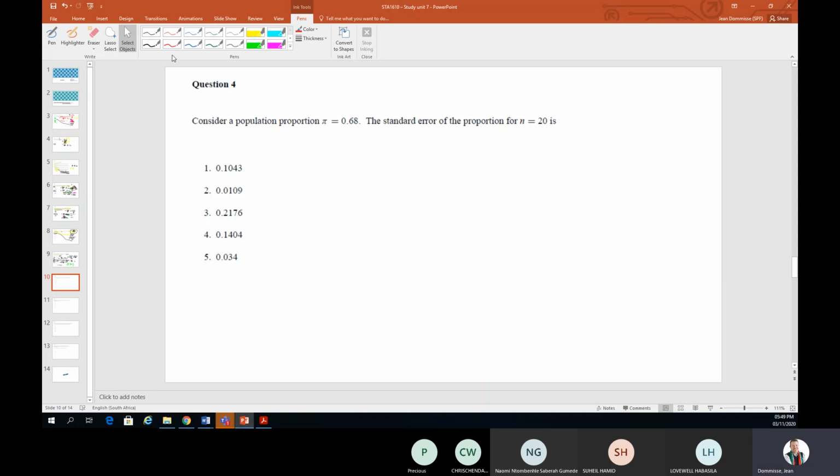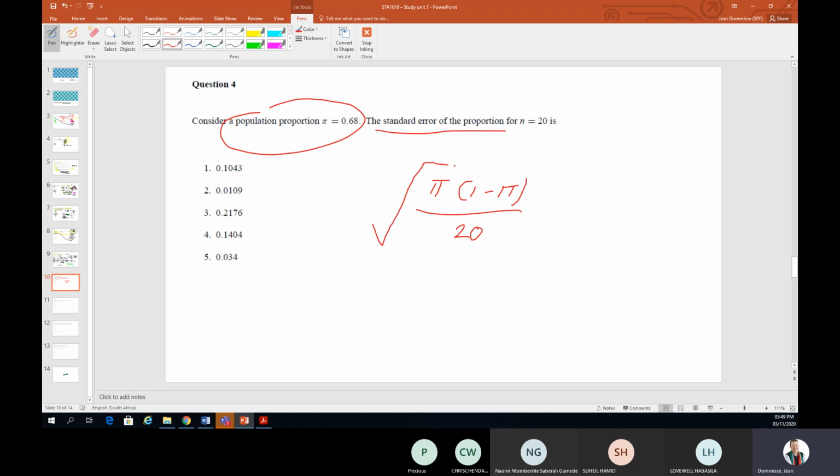So again, is a standard error one. So they tell us the population proportion. So again, it is, so luckily after this session, you will exactly know how to calculate the standard error.